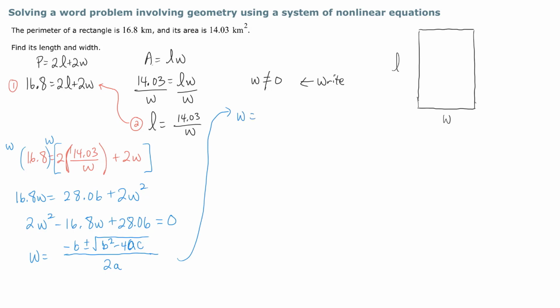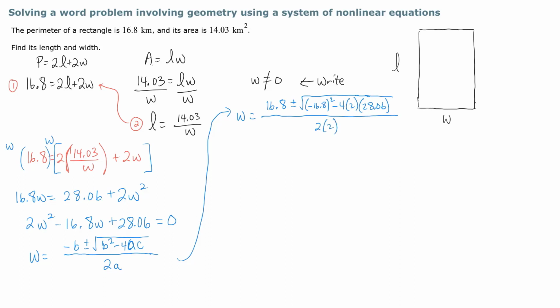W is equal to the opposite of b, which is 16.8, plus or minus the square root of the quantity b, which is parentheses negative 16.8, quantity squared, minus 4 times a. What was a? 2. And what was c? C was 28.06, all over 2 times a, which is 2 times 2.